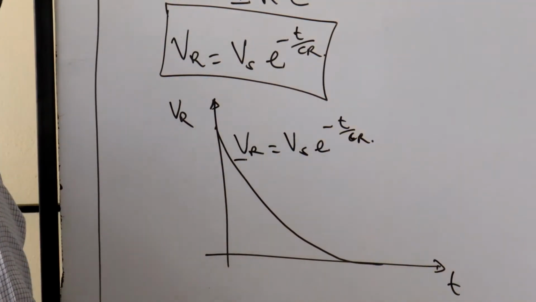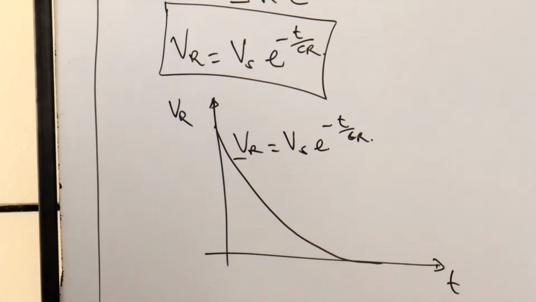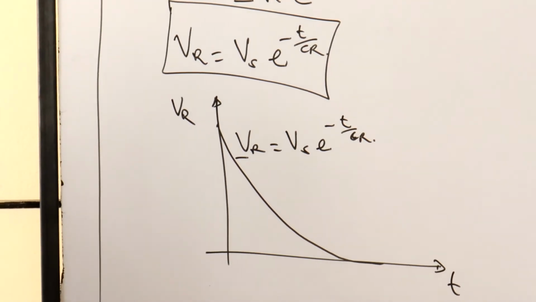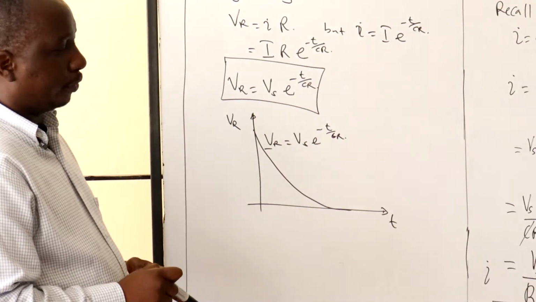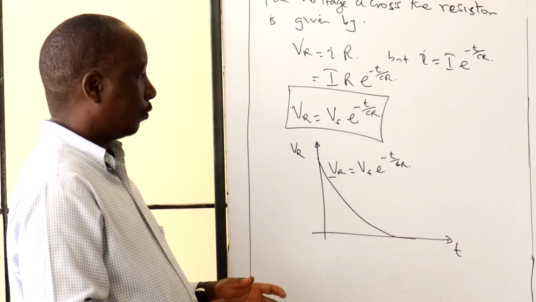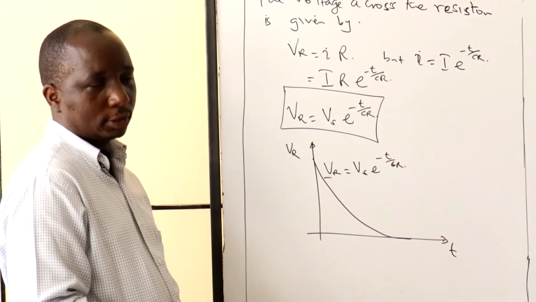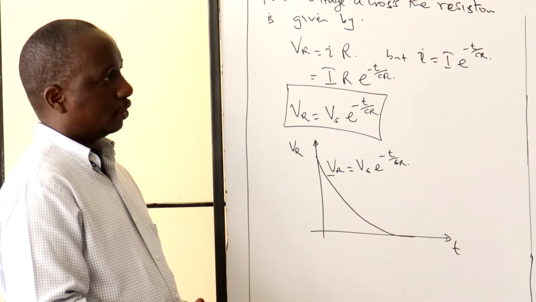So these are the curves you are expected to draw during charging. I remember we have drawn the three parameters: the one for the capacitor, the one for the resistor, and the one for the current. So all of them appear this way. This only happens during the charging process. Then you have now gone to the discharging process.